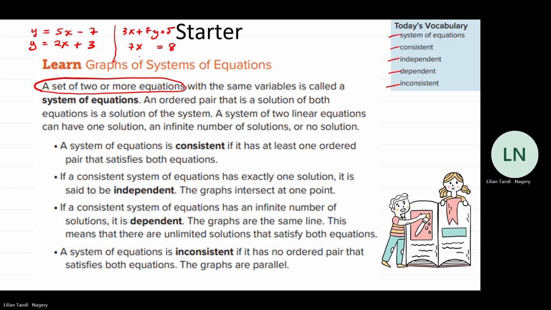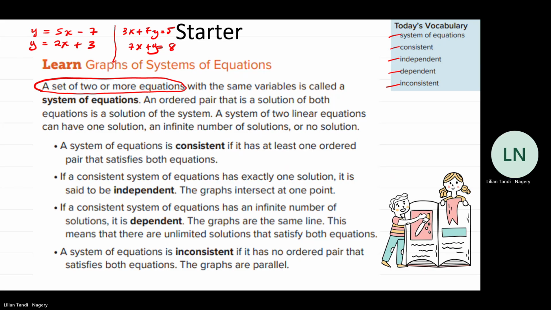You can be given a system just like this. So what is a system? Just two linear equations together.